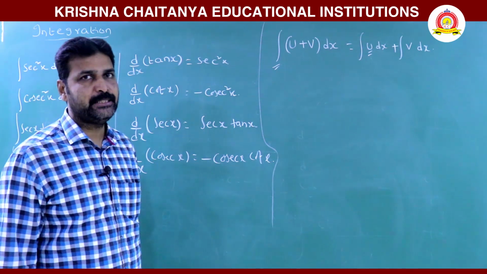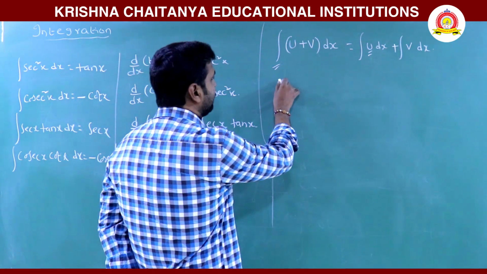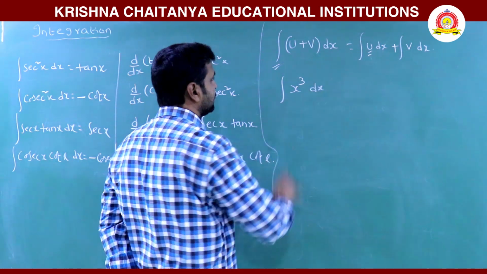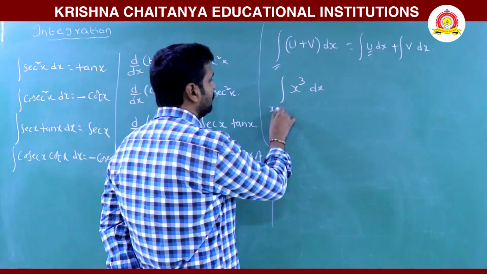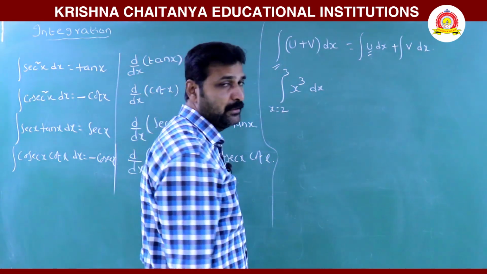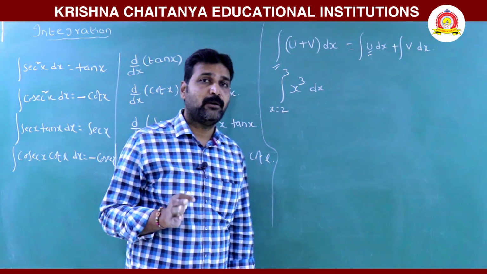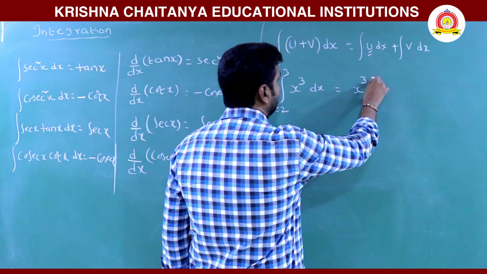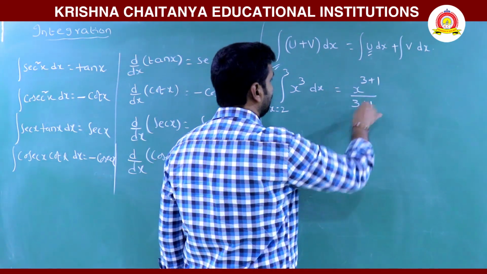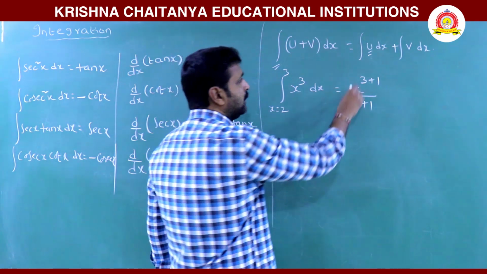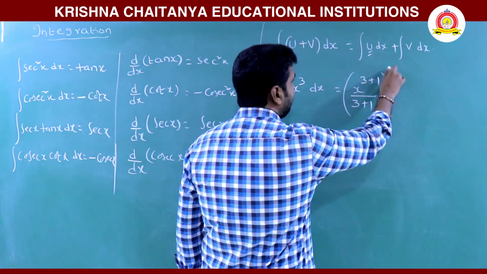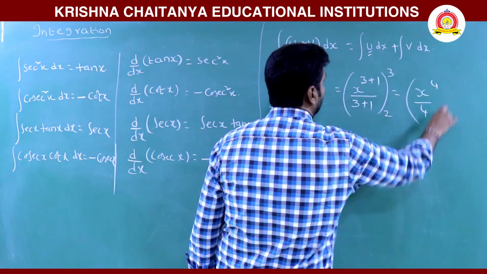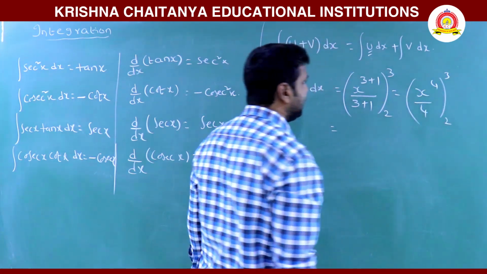Before that, some integration formulae. If you are given the integral of x power 3 dx from x equal to 2 to 3, then the formula is x power n plus 1 by n plus 1, that is x power 3 plus 1 by 3 plus 1. Since limits are given, these limits will be taken here. So this is x power 4 by 4, with limits from 2 to 3 meters.